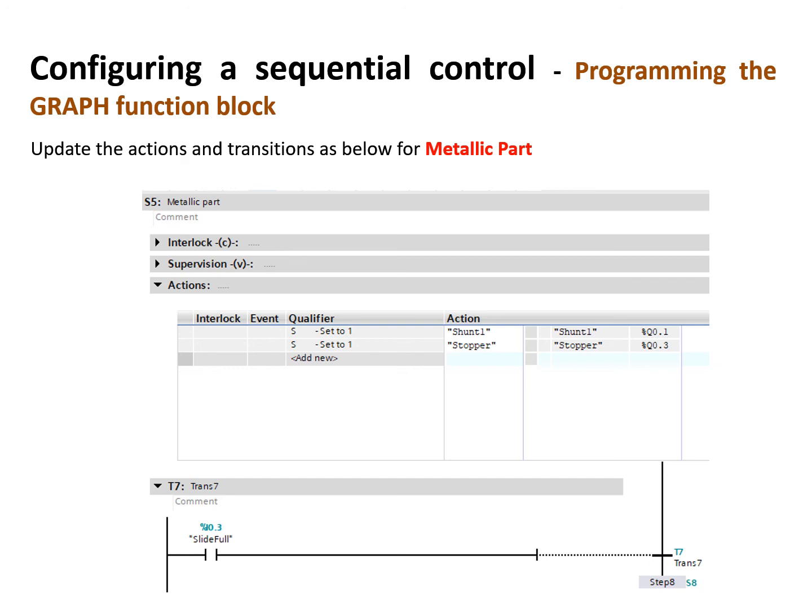What is the transition condition for transition 7, or T7? Slide full. That means that the part is already slid into that slide, or pushed into that slide, and we got the signal from the sensor. So once we got the signal from the sensor, then we could move forward.